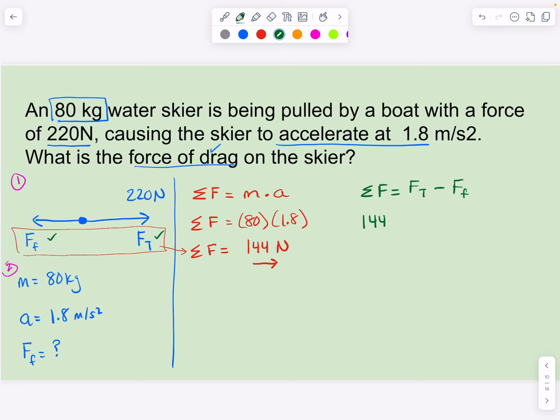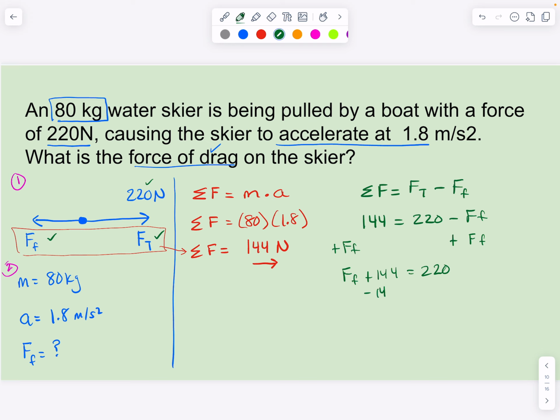I have 144 newtons of net force equals my force of tension, 220 right here, minus the force of friction, which I don't know. So now I simply need to solve for the Ff part. I want to make this positive, so I'm going to add Ff to both sides. So my equation now is Ff plus 144 equals 220.